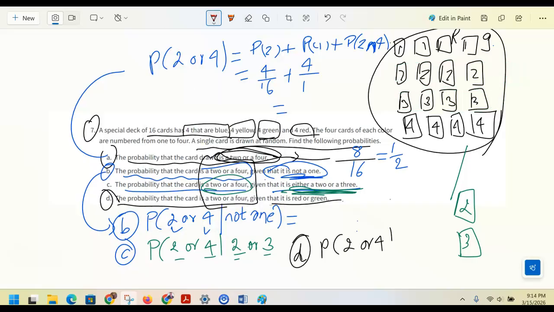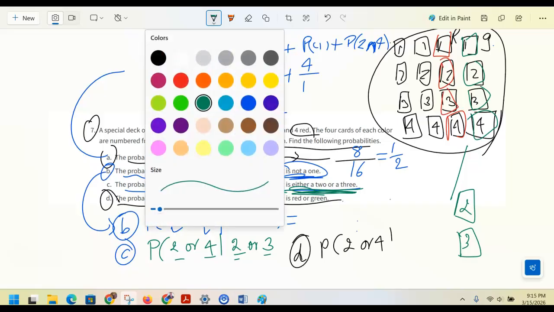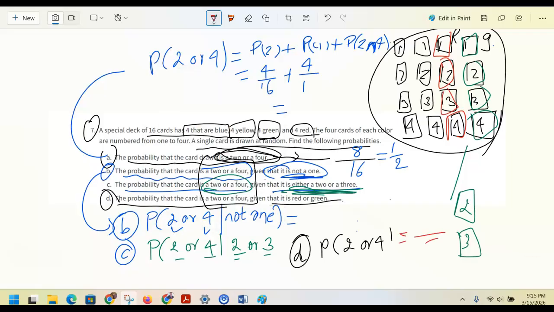So these are all red and the other ones are green. That means there are 8 of them. So this answer is out of 8, because that's the reduced sample space. And you want to have 2 or 4, and among these 2 and 4 will be this 2 and this 4. So that means there are 4 cards, 4 out of 8, which is half, and you're done.